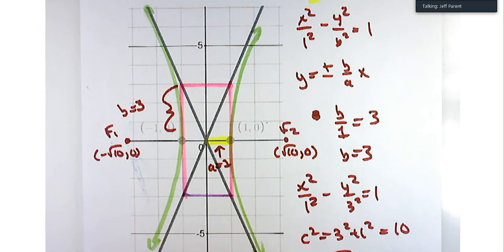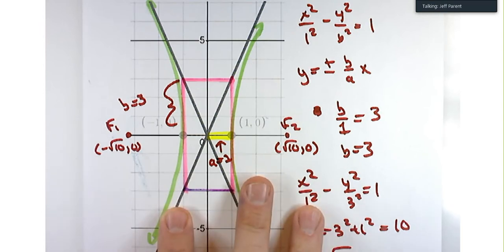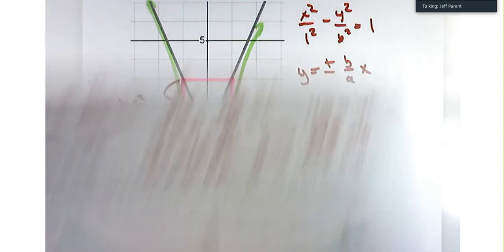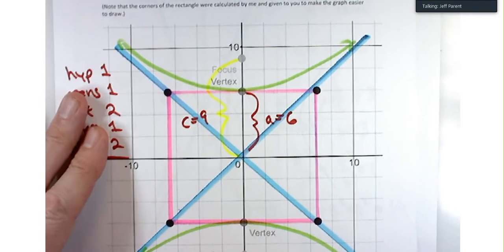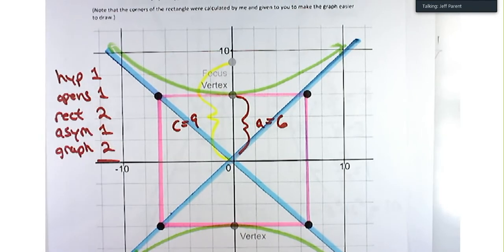There was one last thing I wanted to do on example B. Any thoughts on example C before I move back? I would like to determine the equations of the asymptotes. And I'll remind you of a trick that I mentioned in my video and we'll use again in the next section.